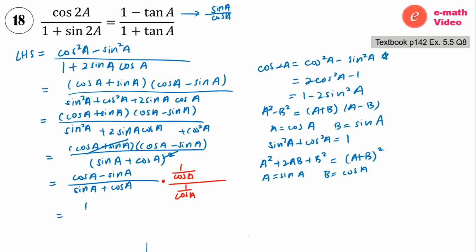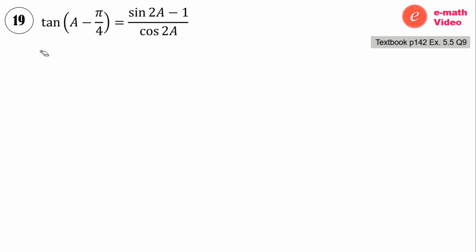Sine A over cos A is tangent A. And then sine A over cos A is tangent A. Plus cos A over cos A is 1. Which equals 1 minus tangent A over 1 plus tangent A. Proven.